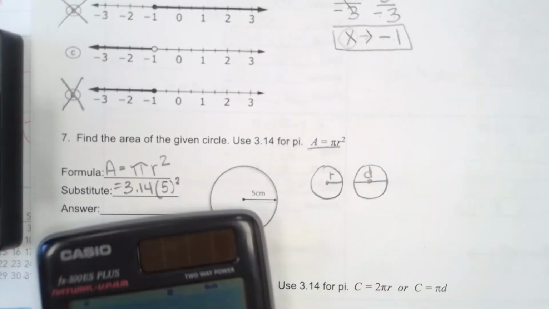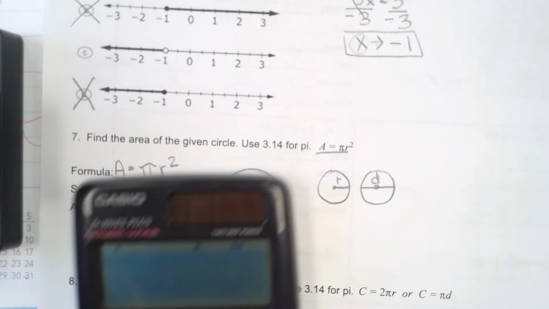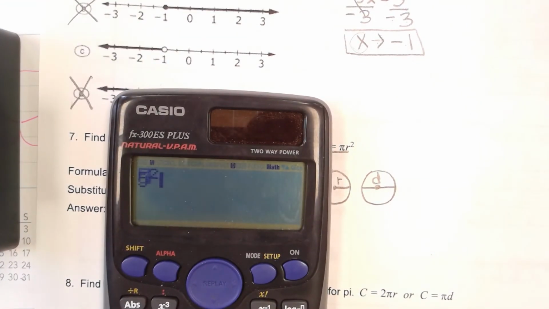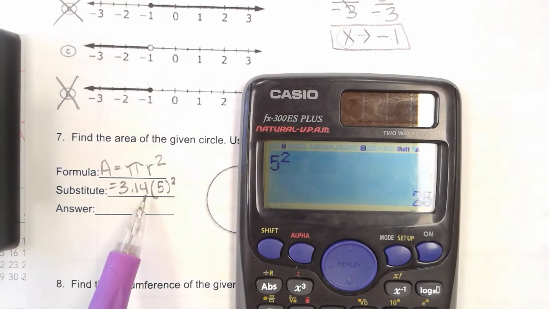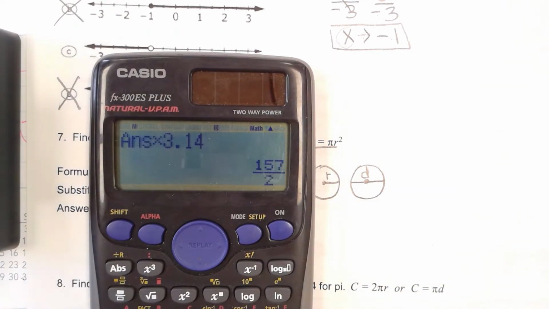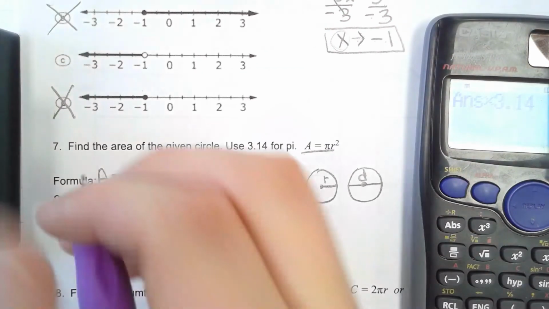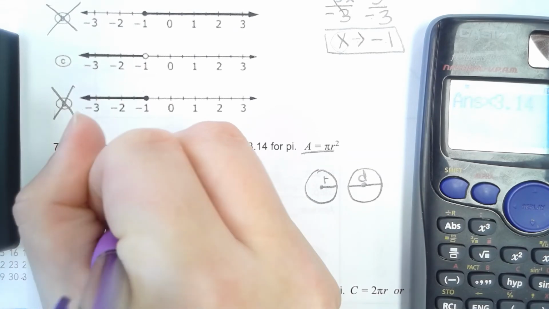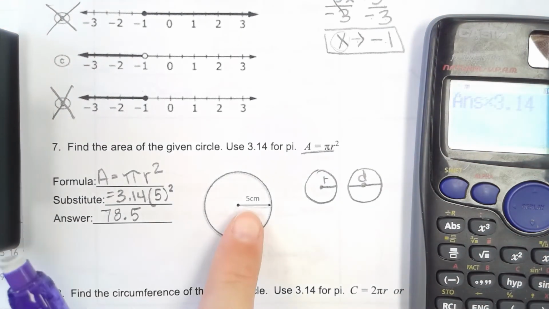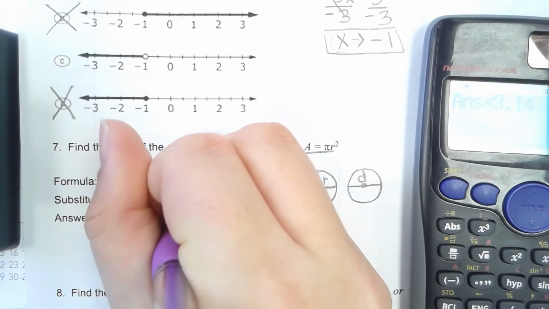Thinking of PEMDAS, you need to take the exponent first. 5 squared gives you 25. Then take that times 3.14, and you should get 78.5. My unit is centimeters, and since we're talking about area, this would be centimeters squared.